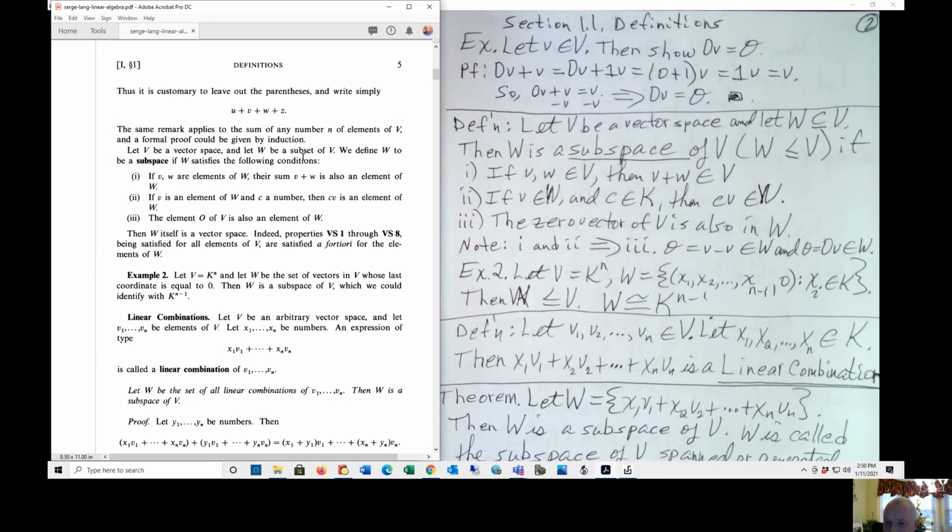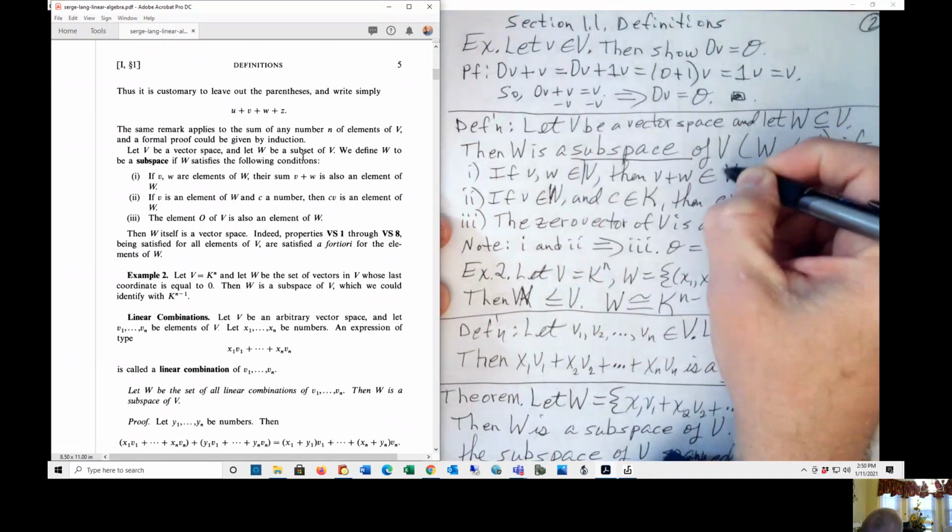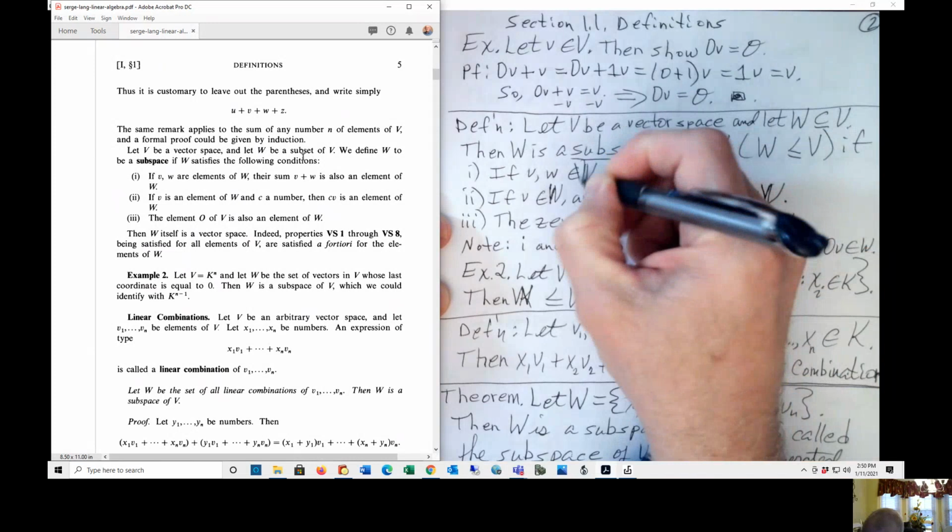Number 1 is closed under vector addition. That is, if V and W are elements of the space, that should be a W there on part I, and let me fix that instead of a V. Excuse me.